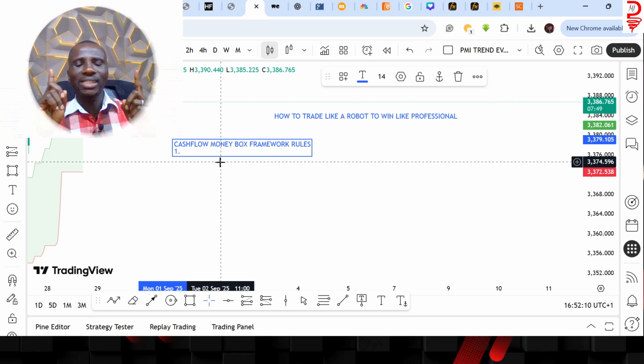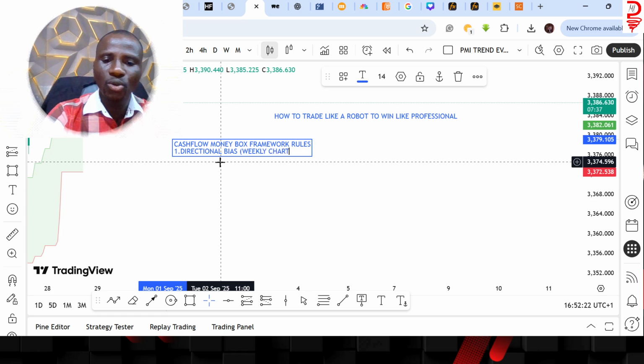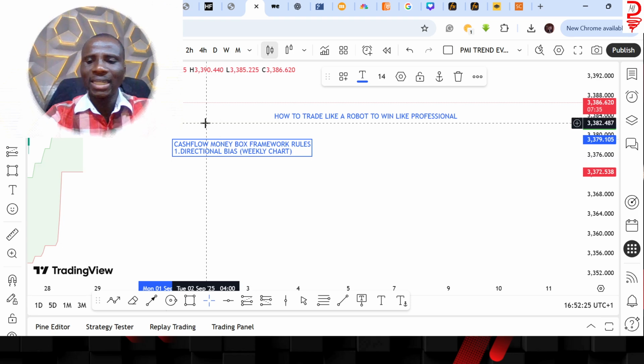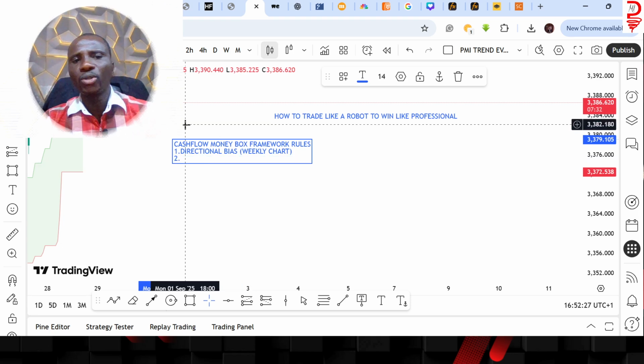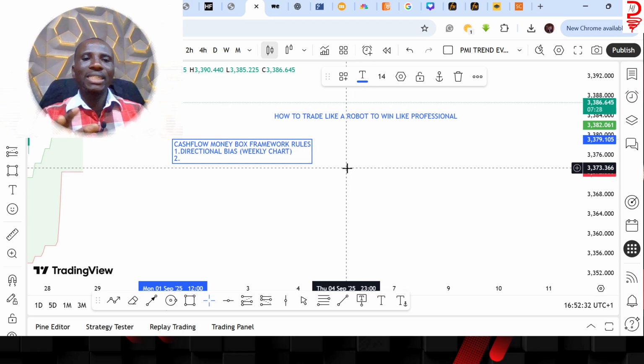The first rule says that you must ascertain your directional bias, and this you will do on the weekly chart. I want you to follow me closely so that you will understand whether it's really possible for you to trade like a robot or not. Now given that you have these rules set out, and of course I'm still going to list other rules, the first rule says that you must identify or establish your directional bias on the weekly chart.